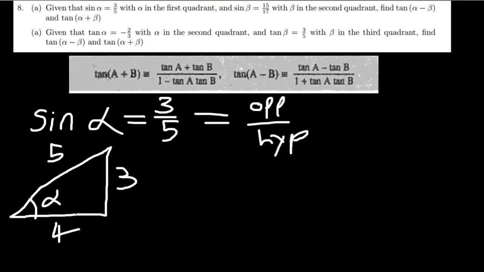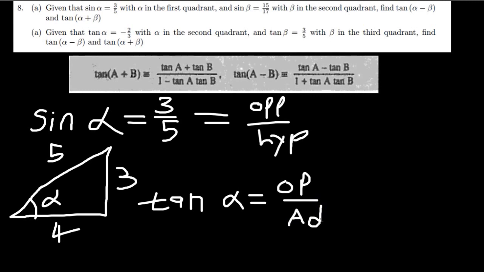Having gotten this, we can now find our tan alpha from this triangle. We know that tan alpha is opposite over adjacent, according to SOHCAHTOA.